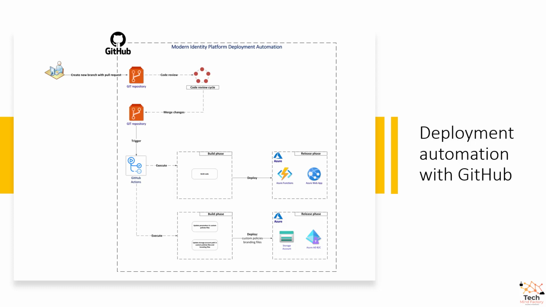I'm deploying them to the Azure Cloud Services. And then I can start using the platform. So everything is automated. Everything that can be automated is automated in this modern identity platform. So as I mentioned, custom policies, branding files for B2C, this can be automated. Function apps, web APIs, and other things also can be implemented, including creation of those components using ARM templates.